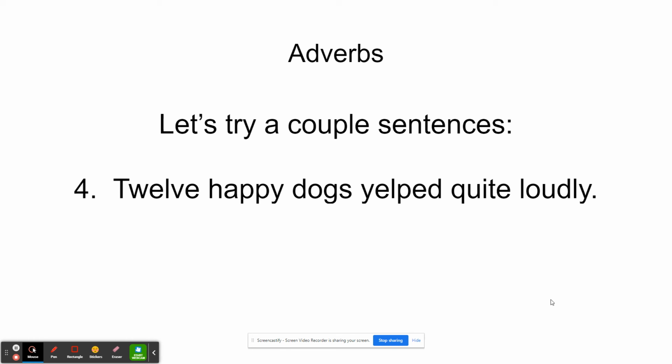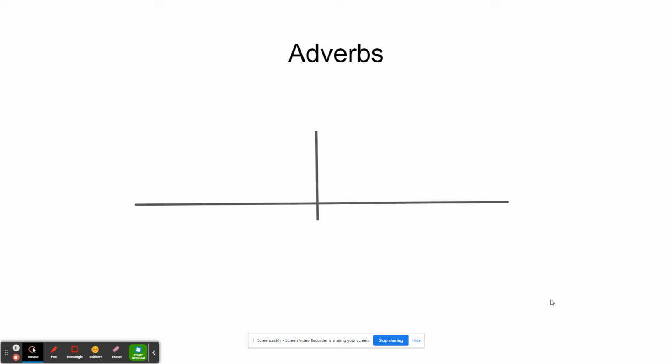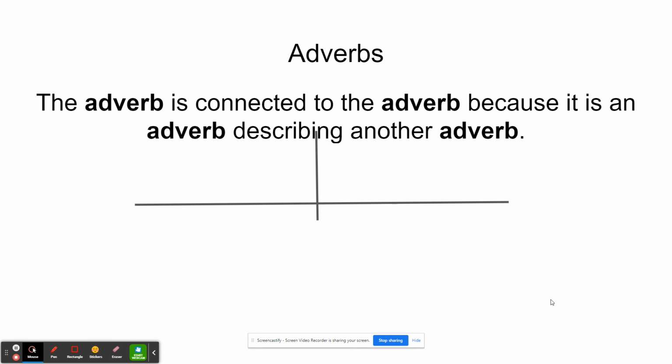Are you ready? Here we go. First, what is our action? Correct. Yelped. Who or what yelped? Excellent. Dogs. Yelped how?